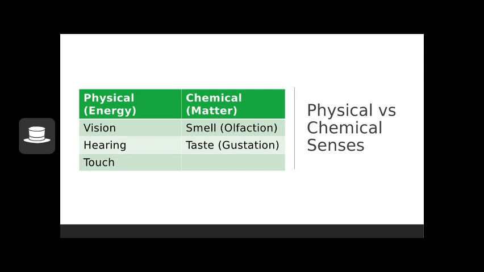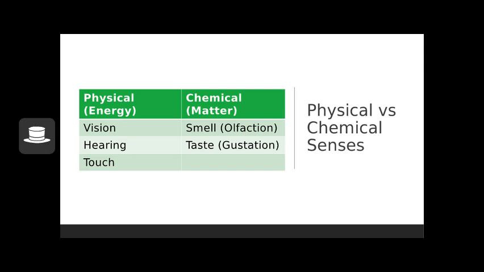Chemical senses respond to actual matter. So, for example, when you're smelling something, little molecules from the thing that you're smelling actually enter your nose and set off your olfactory bulbs, which are responding to those little molecules of whatever it is you're smelling. Same thing with taste. If the matter isn't present in your mouth, you can't taste it.